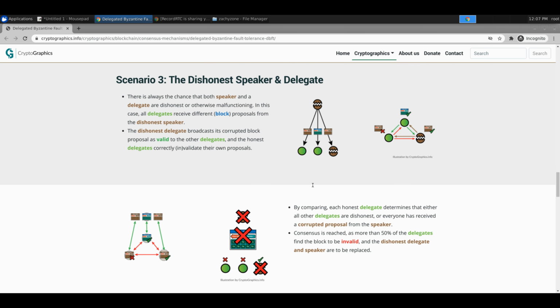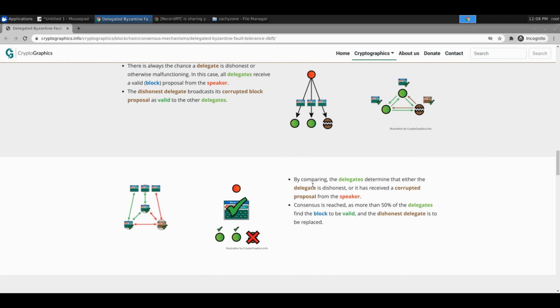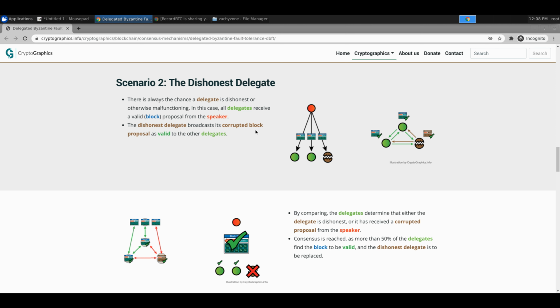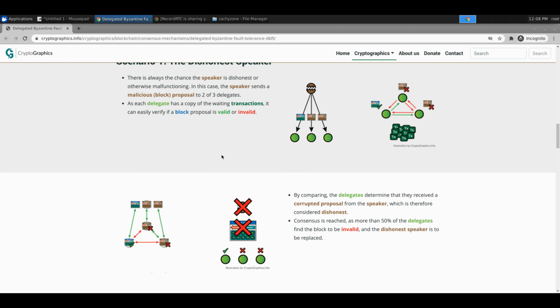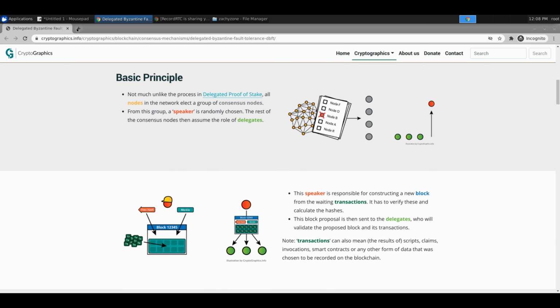So it basically just explains it. Just remember on this one that you get data or you create data, you have to send it to everyone. Everyone sends you their data. If 67% agree, we move on. If 67% don't agree, we revote, we restart the round.